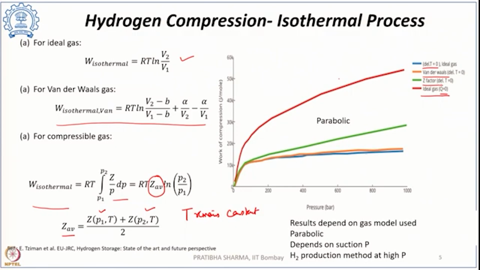For an ideal gas, considering it to be an isentropic process, we get the highest amount of work of compression.